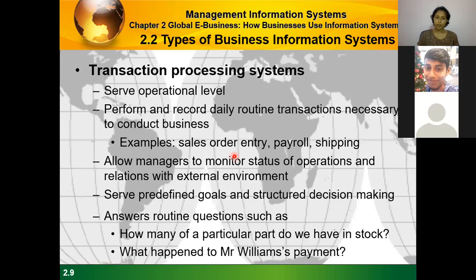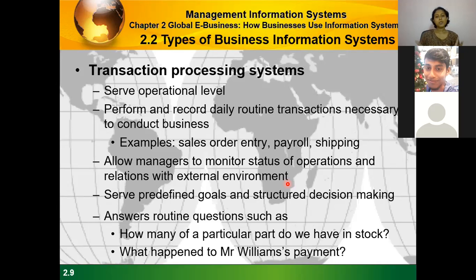So moving forward, it allows managers to monitor the status of operations and relations with the external environment. Also, the transaction processing system has the ability to monitor the status of operations. Now, we will talk about that with an example as we move forward, right?